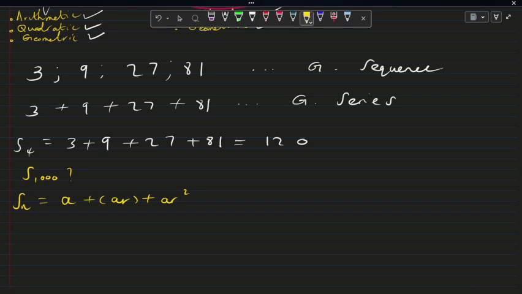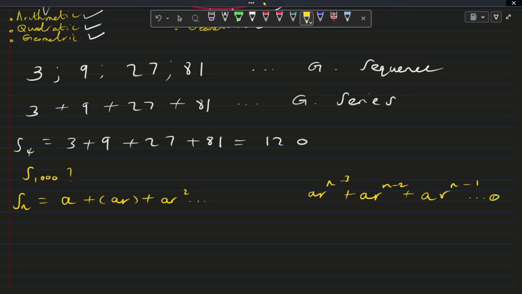That very same principle that was established when we were working with geometric sequences is what I'm using to come up with this general case for geometric series. Then we go to the last term, which will be ar to the n minus 1. The second last one will be ar to the n minus 2, and then ar to the n minus 3.